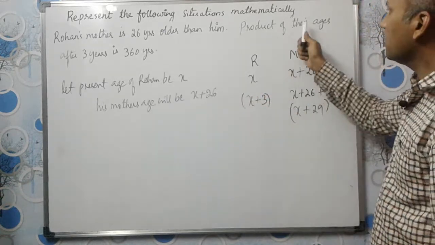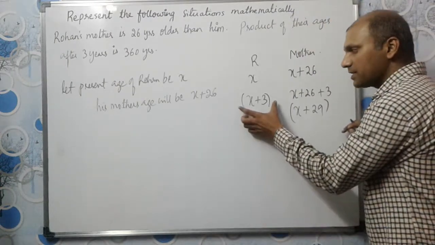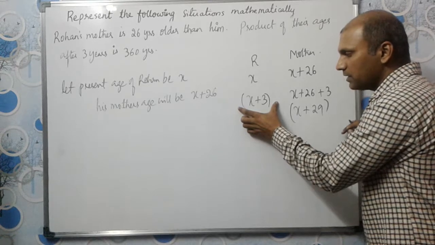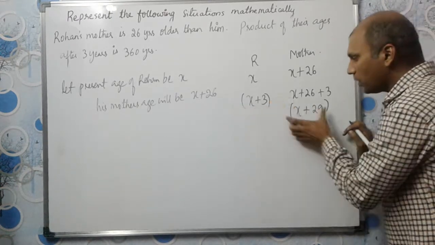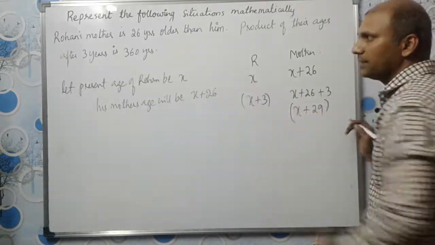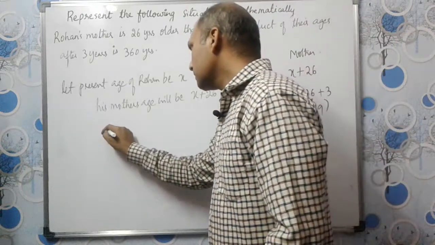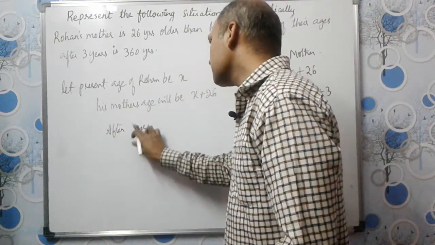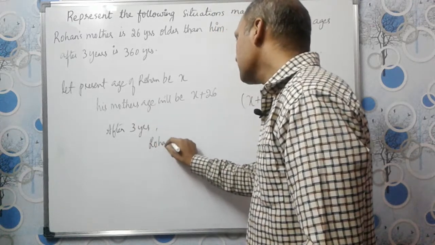What is given? The product of their ages after 3 years. After 3 years, this is the age of Rohan and this is the age of the mother. So the product of these two is 360. After 3 years, what will be Rohan's age?